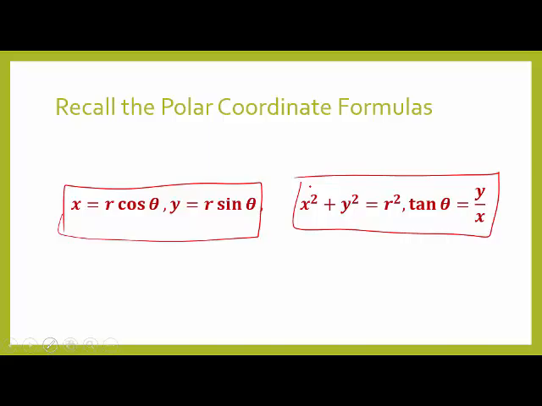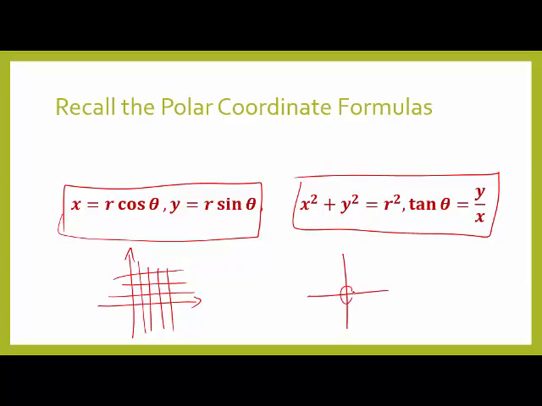The other thing about polar coordinates is that the way it's being drawn out is different from Cartesian coordinates. In Cartesian coordinates, we have our graph paper looking like squares. In polar coordinates, your graph paper is a little bit different.